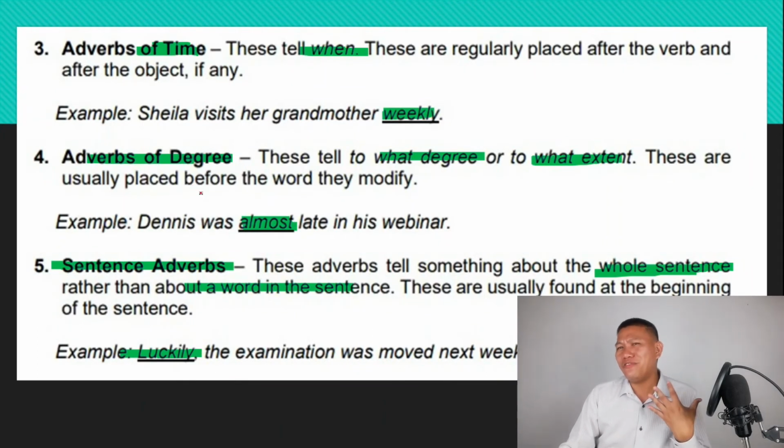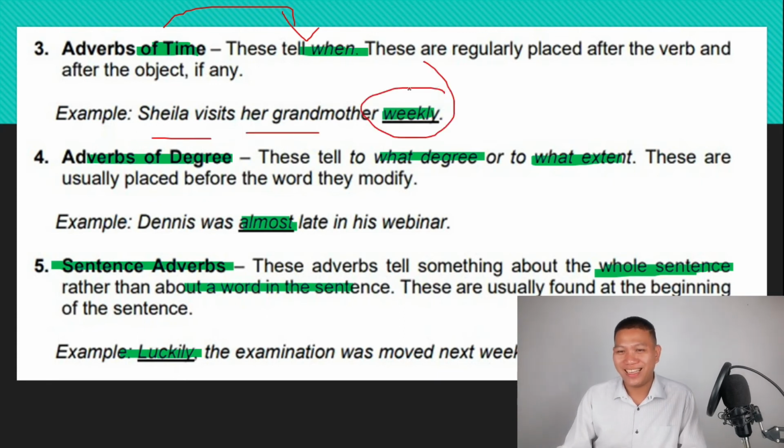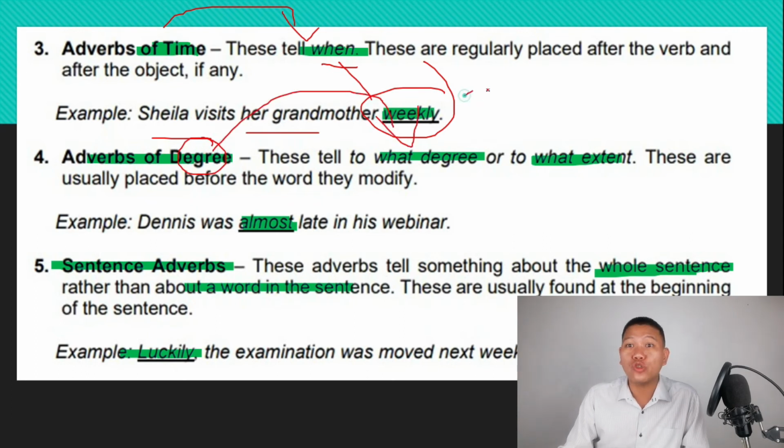So definitely when we say time, it answers the question when. So it tells when. These are regularly placed after the verb and after the object. Sheila visits her grandmother when? Weekly. Okay? That is adverb of time. Adverbs of degree. So degree, we're talking about what degree or to what extent. So in Tagalog, gaano kadalas or gaano. Okay? These are usually placed before the word they modify.